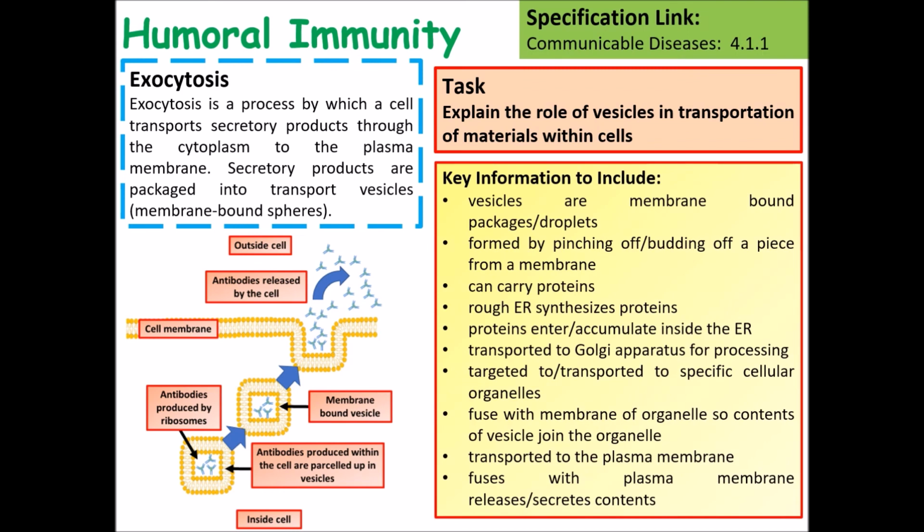If you were asked to explain the role of vesicles in the transportation of materials, these are the kind of things that you might want to include. I would suggest pausing the video now and constructing that into an answer to the question above.